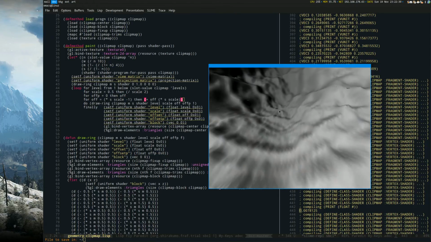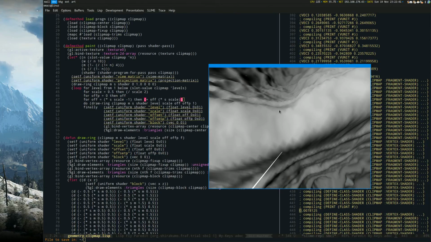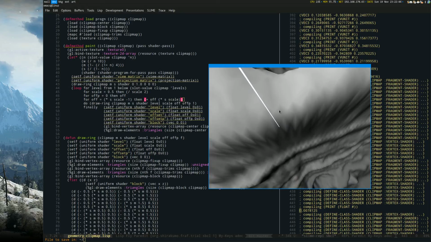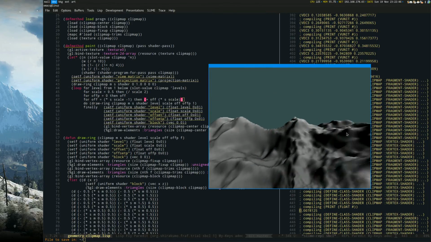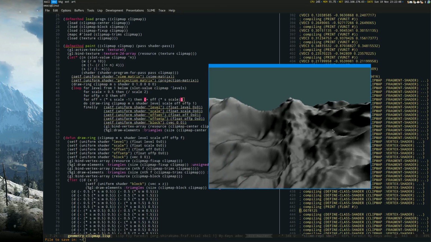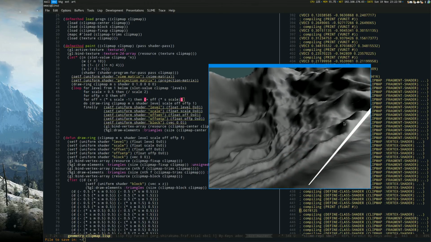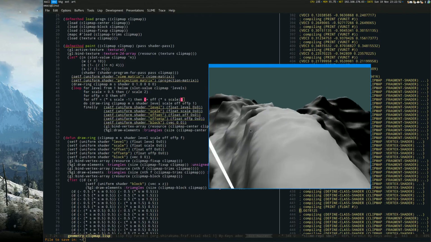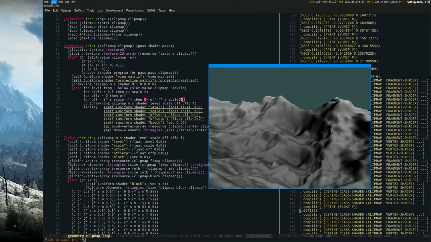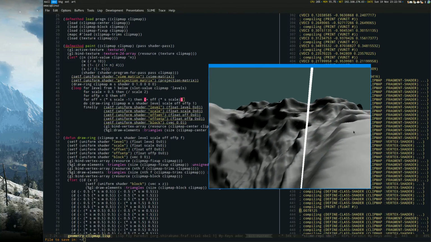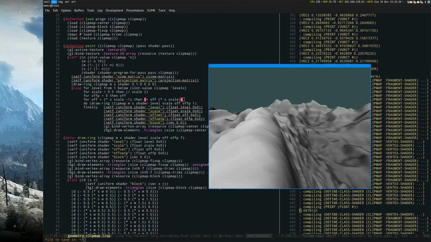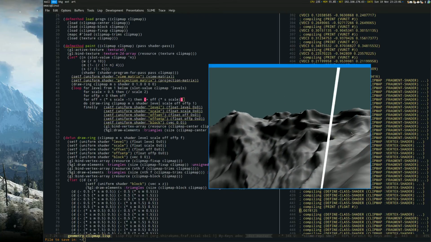So now, if we sit on top of the world here... This camera is also terrible. You can look around, and we got our thingy, and we got disgusting gaps. But we got terrain, yay! Cool, I guess.